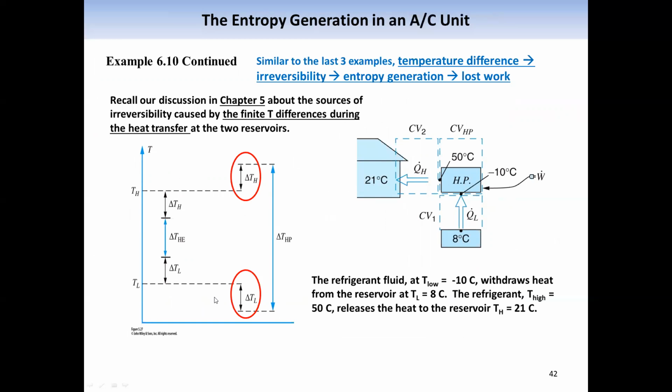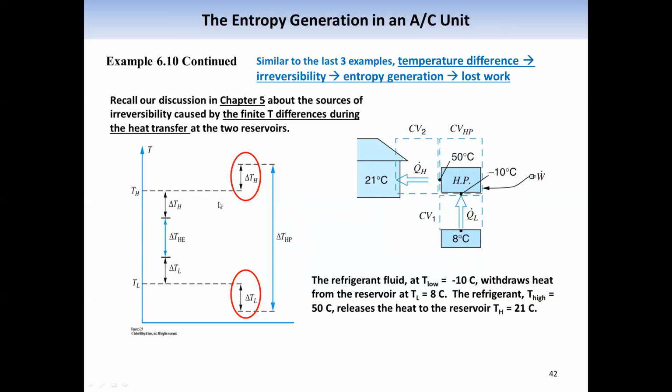If we have a heat engine with the temperature reservoirs designated by T sub L and T sub H, the heat pump absorbs energy from the low temperature reservoir, so its temperature has to be lower than T sub L. T sub L is the reservoir temperature, and T low is at minus 10 degrees C. So there's a finite difference that causes irreversibility.